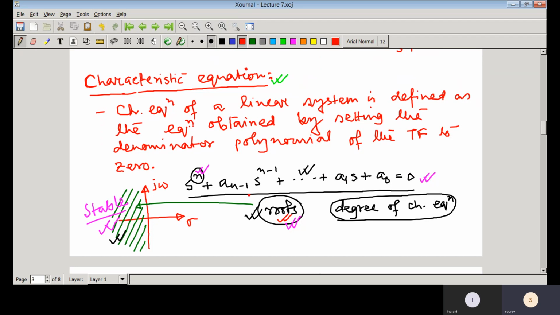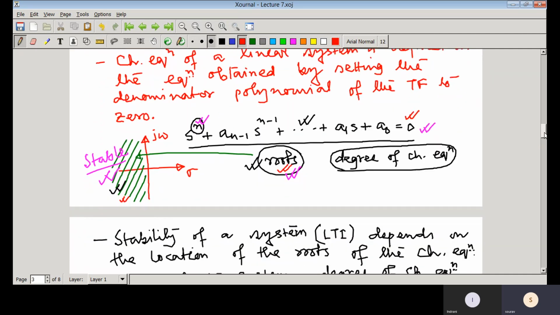That means it carries all the information of the dynamic system. If the roots lie in the open left half of the complex plane, then the system is stable. So the stability of that system is fully characterized by the roots of this equation, and it also gives you the information related to all the modes. Those things I'll be discussing in detail later, that is, how the roots of a characteristic equation give you all the information of the dynamical system.